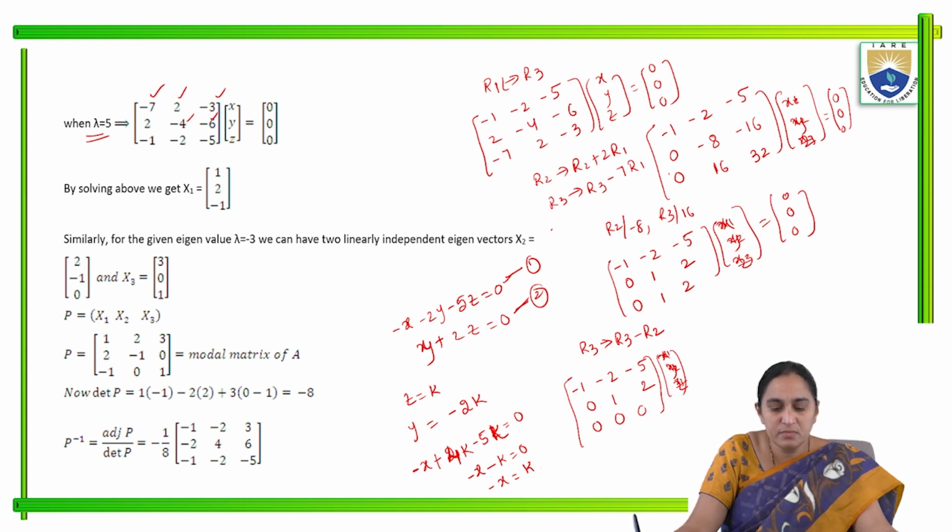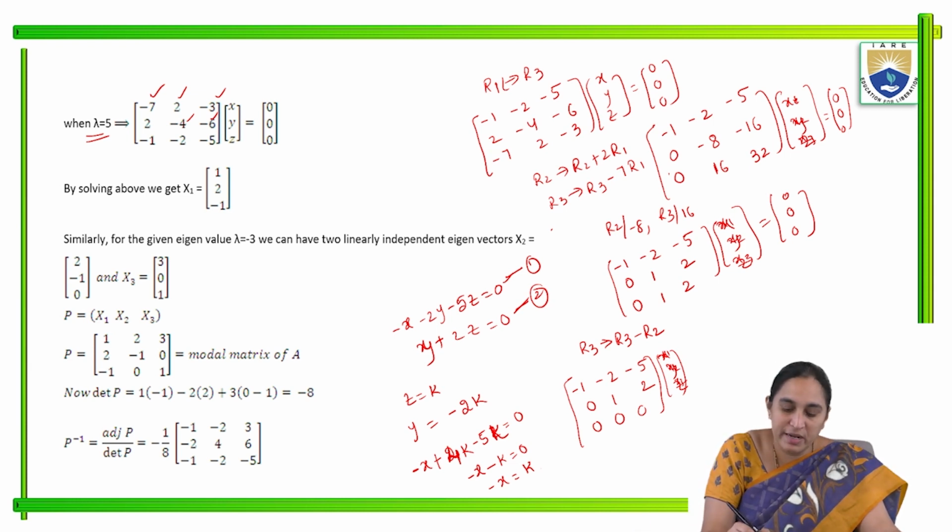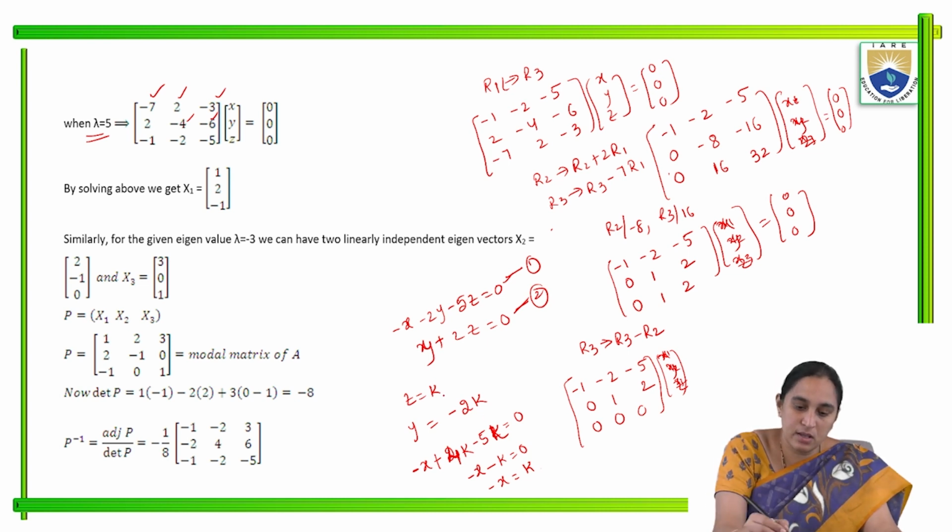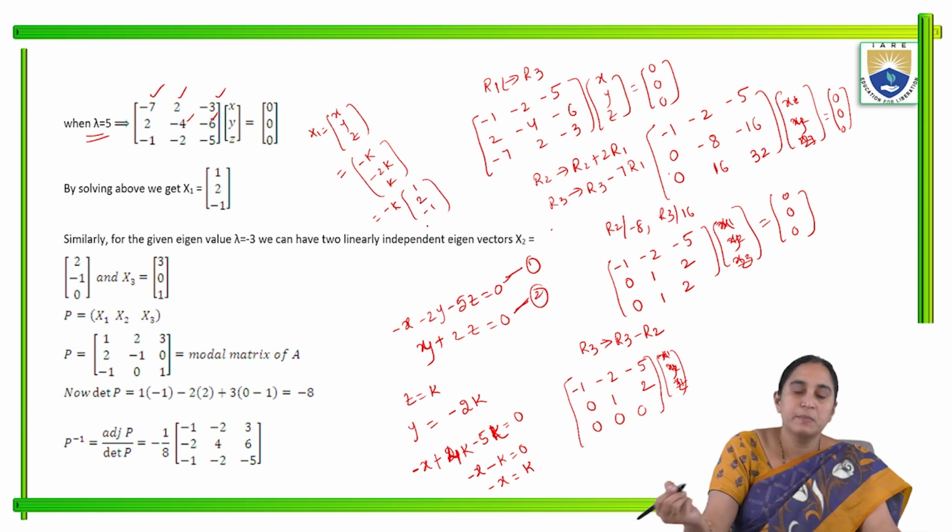Now write it in vector form, column matrix form: x as -k, y as -2k and z as k. Therefore, x1 is equal to x, y, z. Taking -k outside, that is 1, 2, -1.